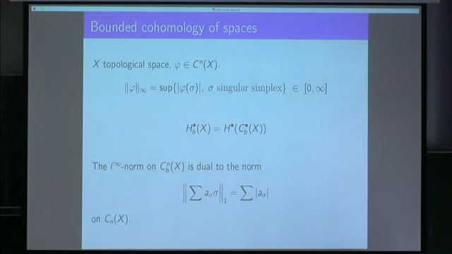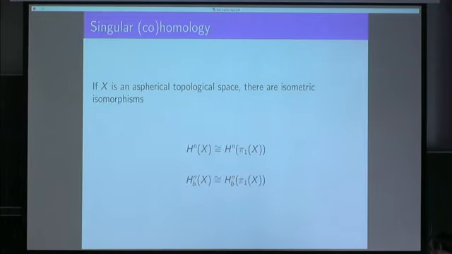Okay, there is the classical theorem asserting that the cohomology of an aspherical space is canonically isomorphic to the ordinary singular cohomology of the fundamental group of the space, and it carries over to the bounded context, basically with a similar proof. Indeed, in the bounded context, this equality is true even without asphericity of the space.